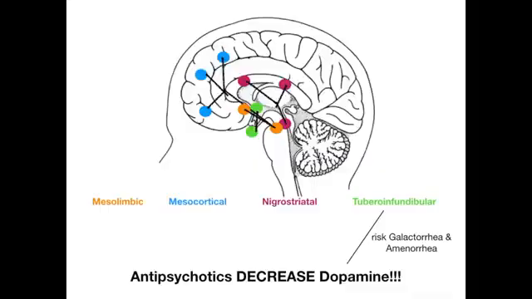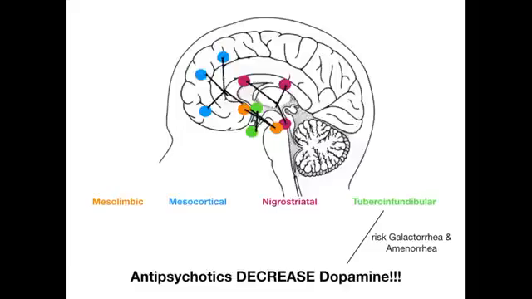Now I want to pause for 1 second. In the mesocortical pathway, I told you that it causes negative symptoms. And when we treat someone with an antipsychotic, you might be thinking, are you always going to worsen negative symptoms? If that's the case, how do we ever treat schizophrenics and fix their negative symptoms? And the truth of the matter is that positive symptoms will go away before negative symptoms do. And negative symptoms really, really tend to stick around.